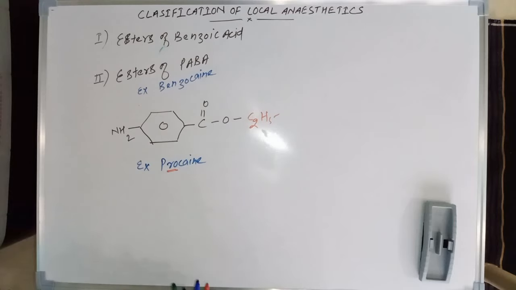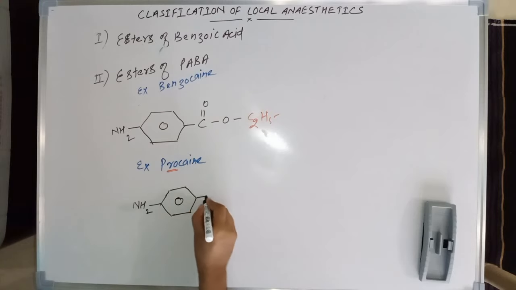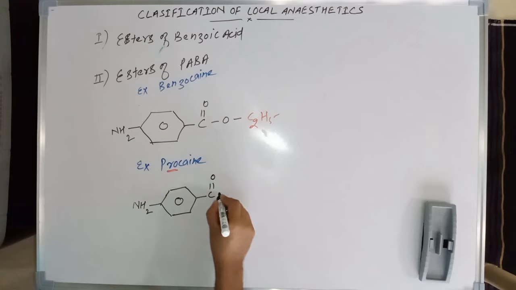Procaine is the ester of para-amino benzoic acid. First of all we draw NH2 and this para-amino benzoic acid.